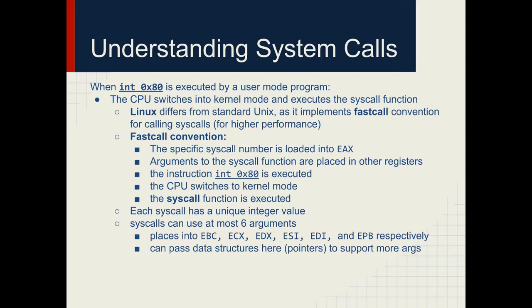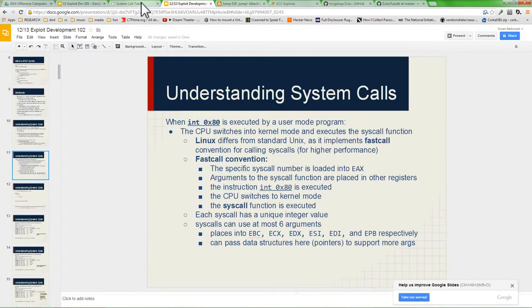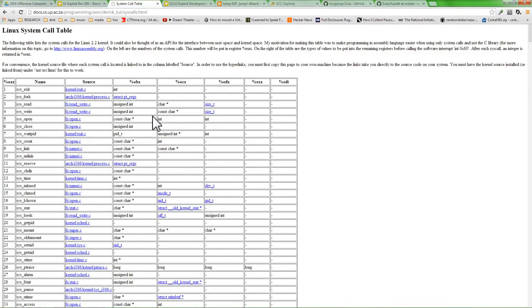So each system call has a unique integer value, and let's jump to a system call table for, what is this? Oh, the Linux 2.2 kernel. So this is a little outdated, but it gives you an example. If you set EAX to 1, that would specify the exit system call.